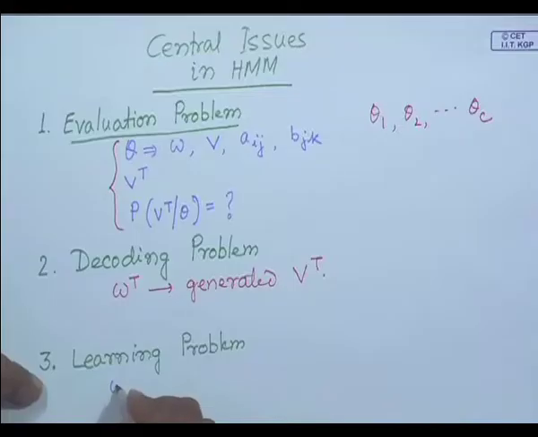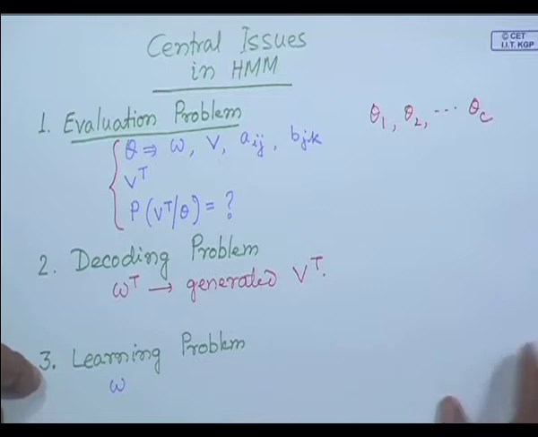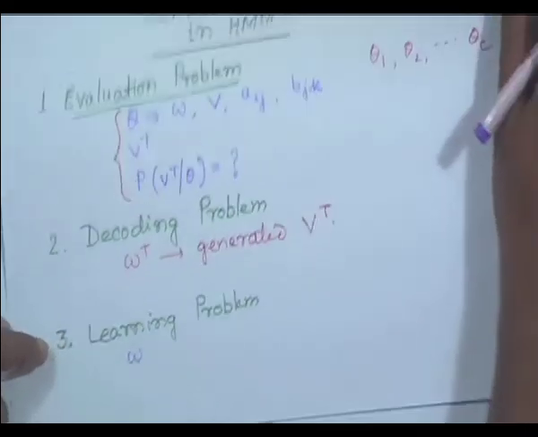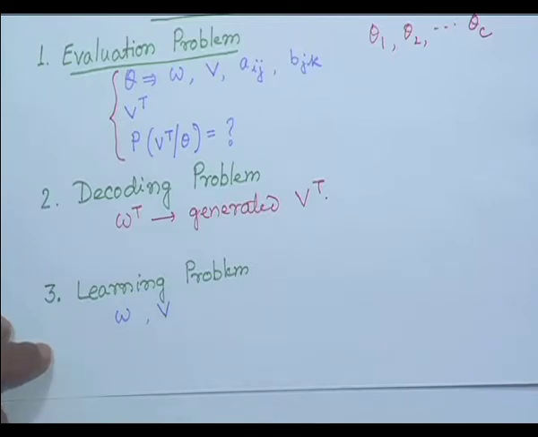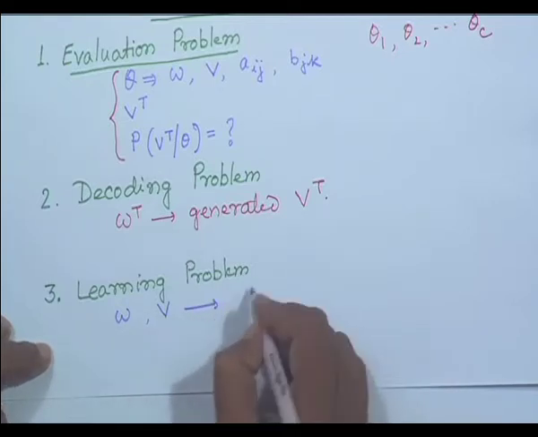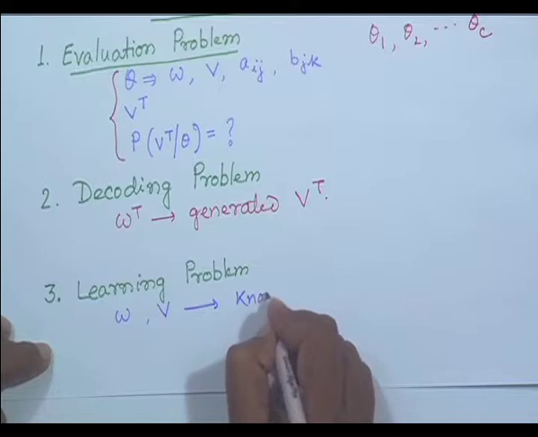So I know omega, the set of hidden states, and V, the set of visible states.